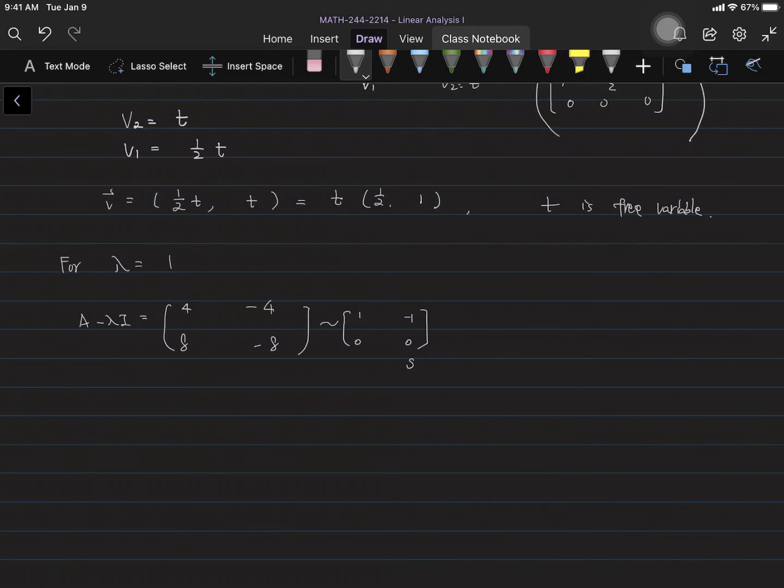Let's see how to write down the vector in detail. v2 is s. What is v1? v1 should be positive s, when we move this to the other side of the equation. So the solution is s, s. If we take s out, s times (1, 1). Same thing, s is free.